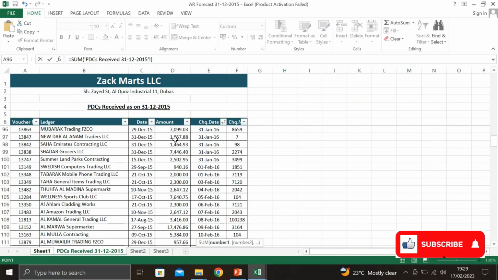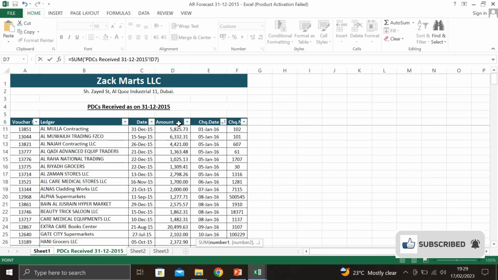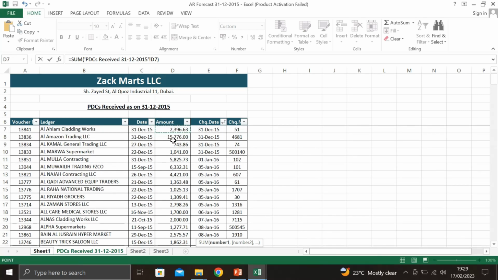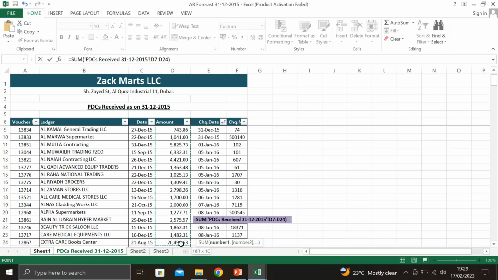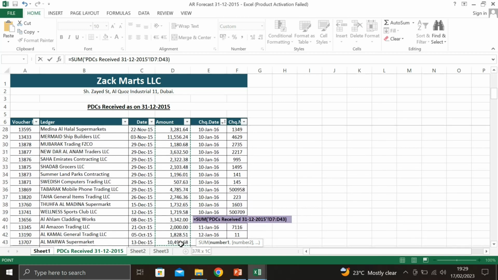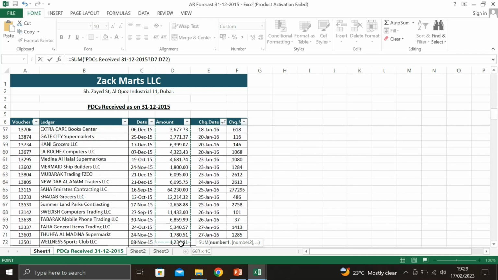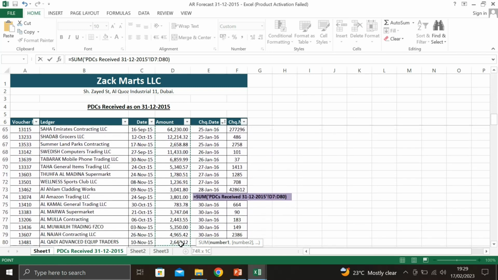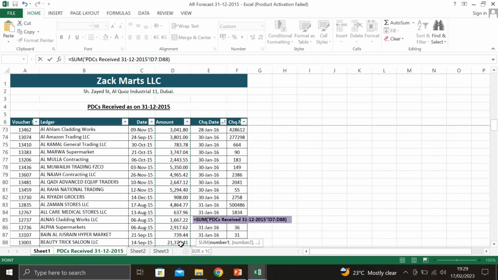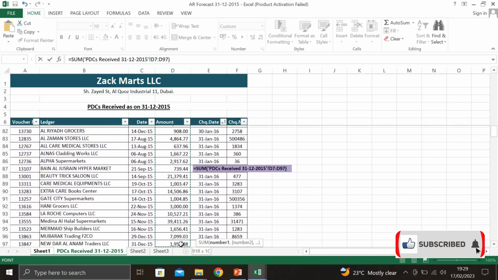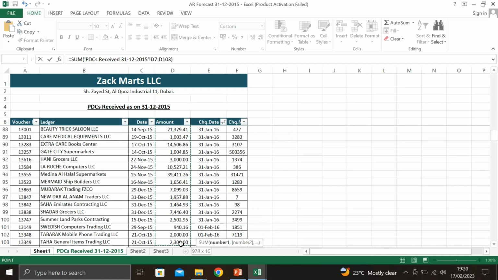PDCs from customer, yeah, this is the last check.